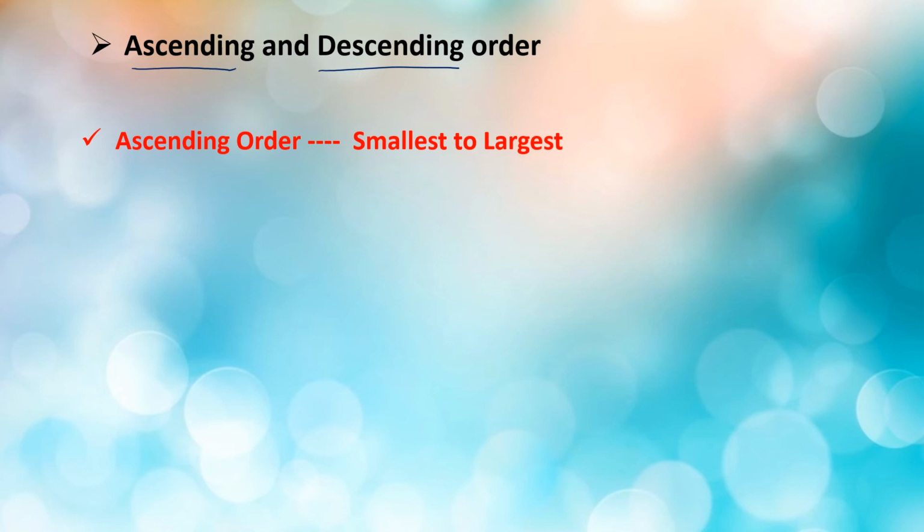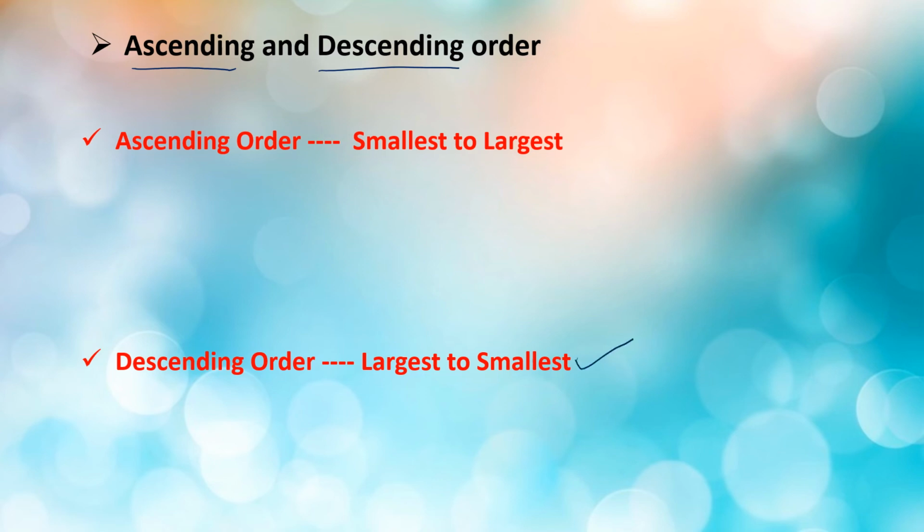Yes, when you arrange the numbers in decreasing order, that is from the largest to the smallest, we say that the numbers are arranged in the descending order. Ascending order is from smallest to largest, whereas descending order is from largest to smallest.